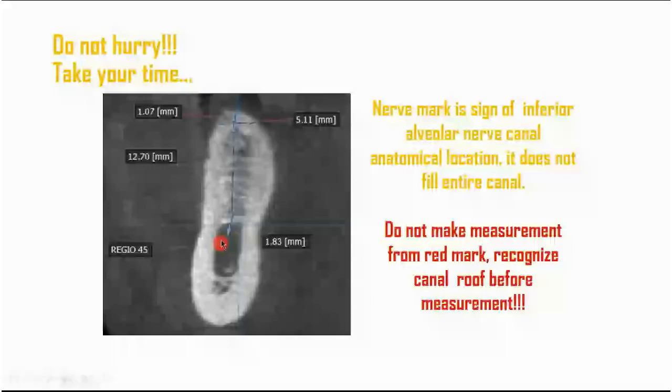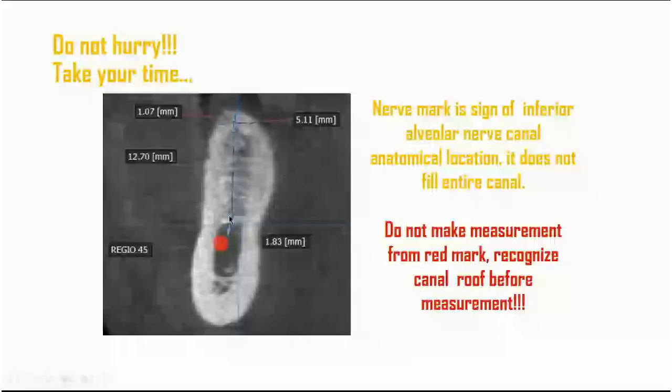The red dot, which is the drawing of the nerve canal, will not always fill the whole canal, because the nerve canal can vary, and it is usually 1.5 or 2 millimeters wide, but sometimes it can go over 4 millimeters. If we have some unilateral widening of the nerve canal, we should probably consult a maxillofacial surgeon, or we should look with colleagues for any other health problems with our patient.